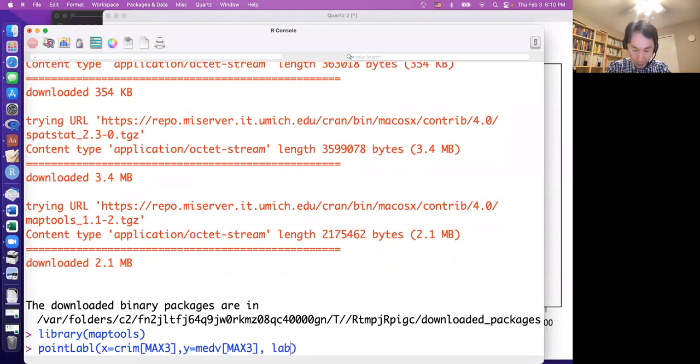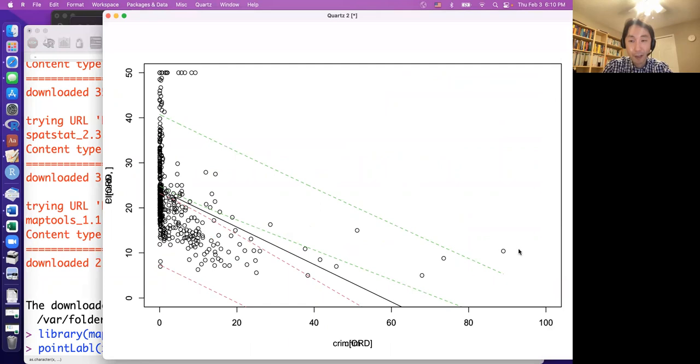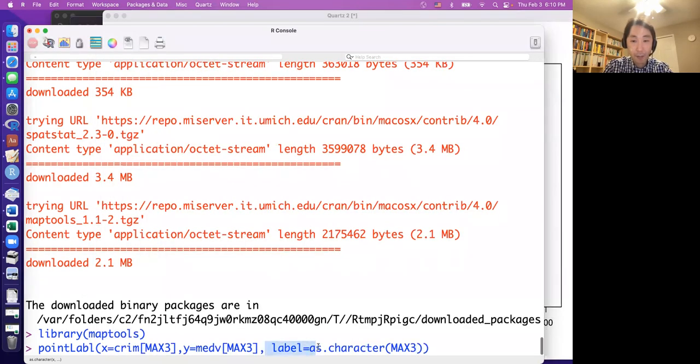So we just write the observation number for those 3 observations, such as the 381 here. We just put these numbers as labels. Then I think we have to also specify xlim and ylim. I'm not exactly sure. Maybe we don't really need it.